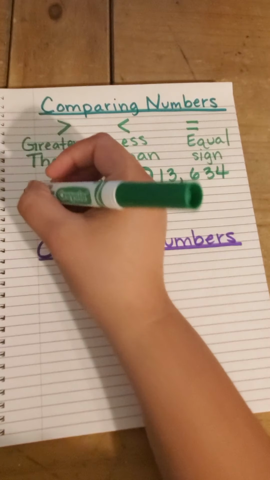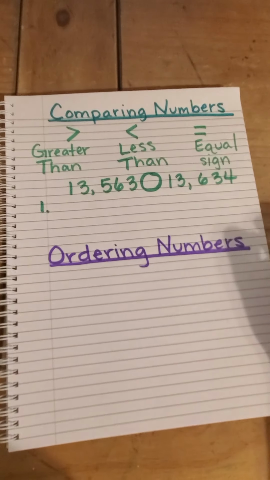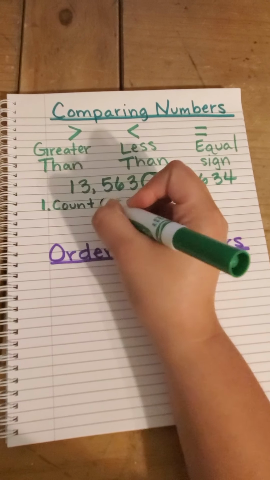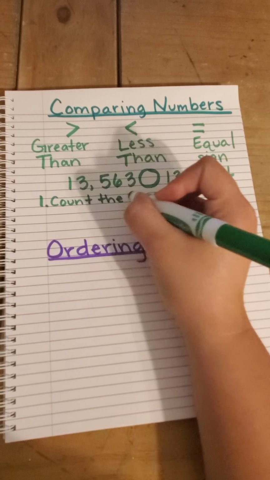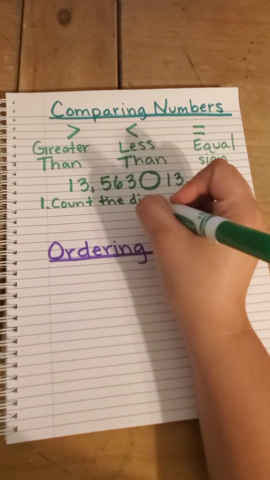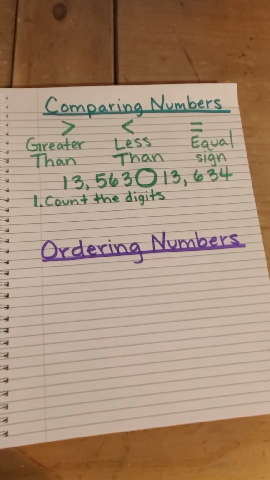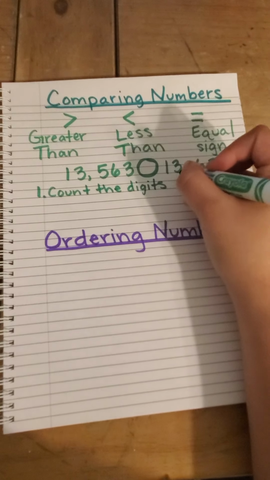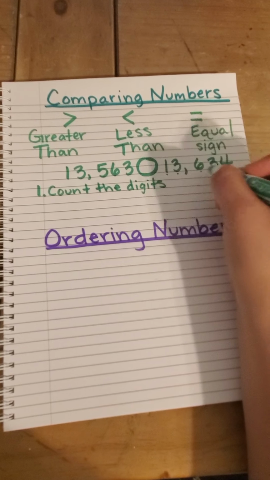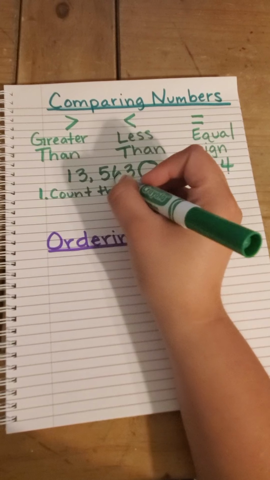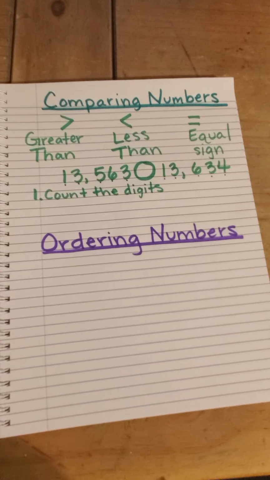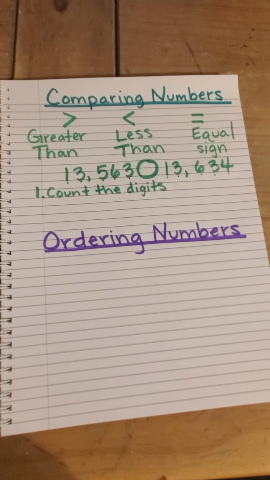So my first step is to count the digits. So I want to see what place value they're in. This one has ones, tens, hundreds, thousands, 10,000s. That's 5 digits. That one also has 5 digits, so that didn't help me.